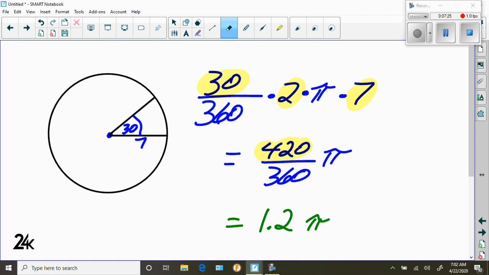All I did was take 420 divided by 360, and that's how I got 1.2. And this pi is just along for the ride. Questions 1 through 12 just say leave it in terms of pi. So stop at number 12 today, and then I'd say just round to the tenth. That's fine.